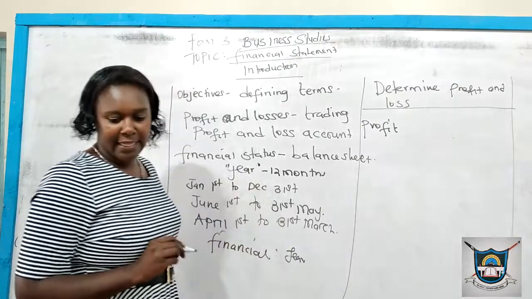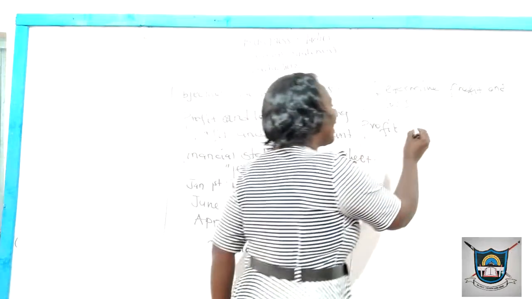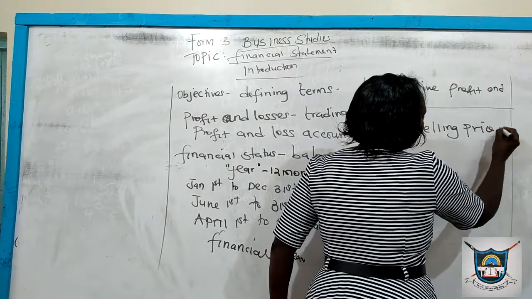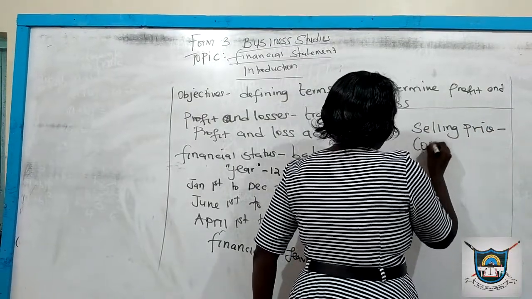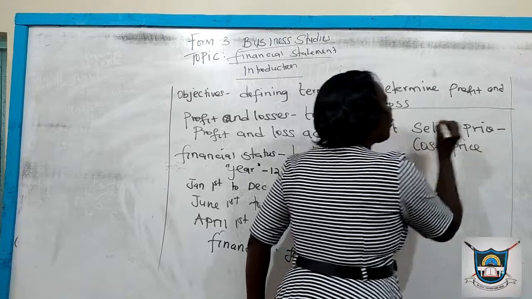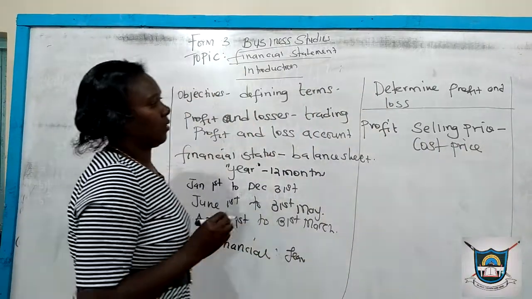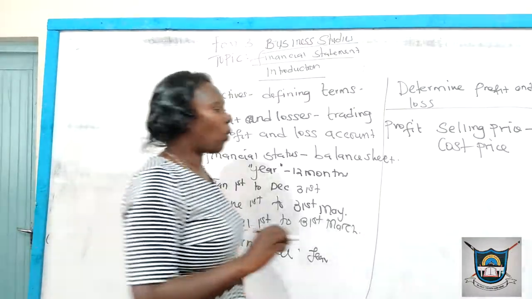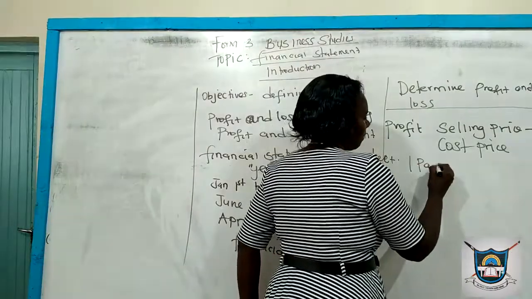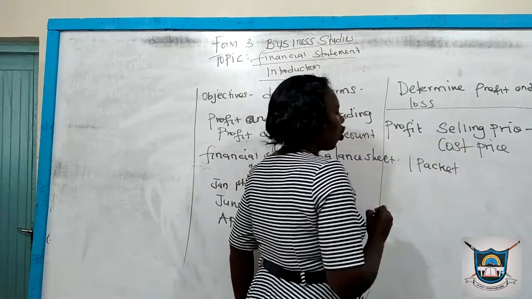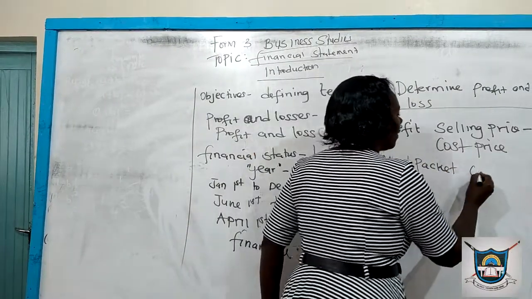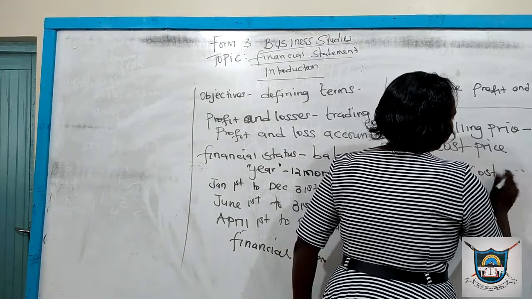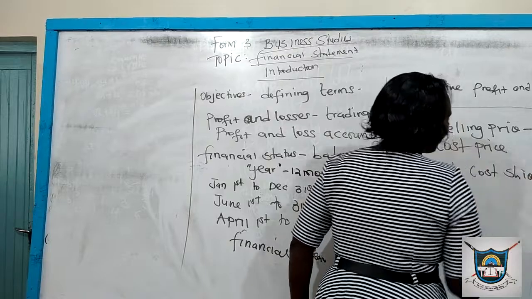Profit is the difference between the selling price minus the cost price. For example, in your school, cakes are usually sold. Assume that one packet costs the school 100 shillings to come up with.